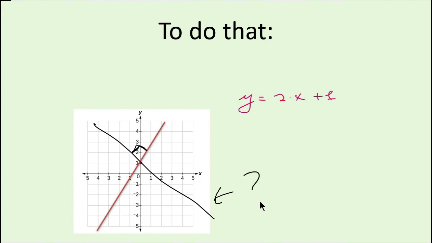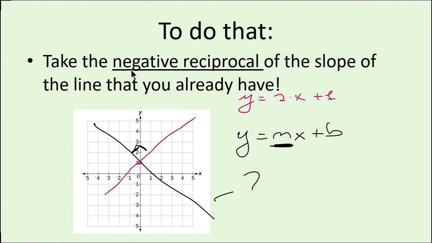Now, how do we find the equation of this line? Well, the first thing that we need to find is the slope of that black perpendicular line. To find that slope, we need to take the negative reciprocal of the slope of the line that we already have. So we have the equation of the pink line, and that slope is m is equal to 2.